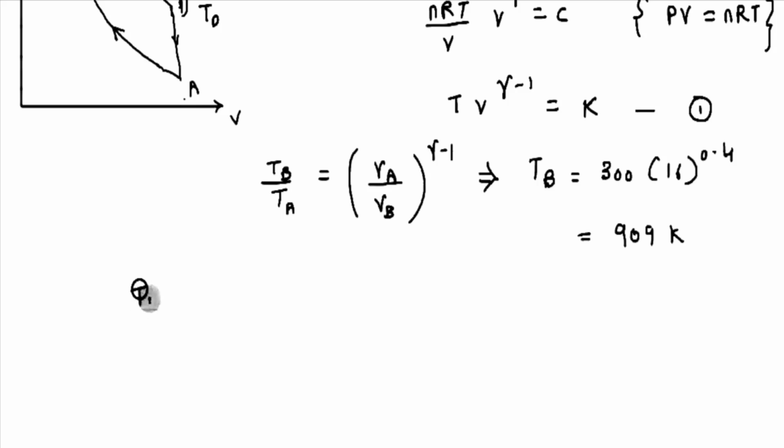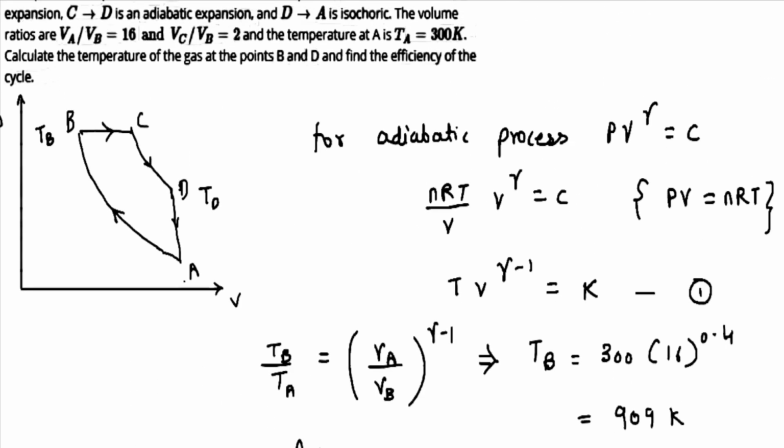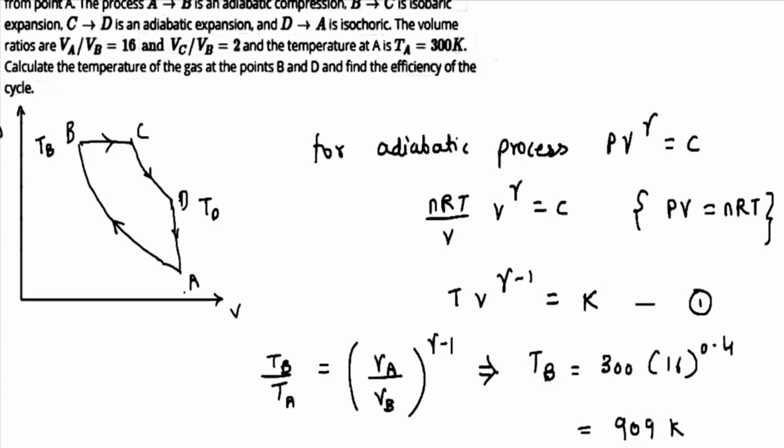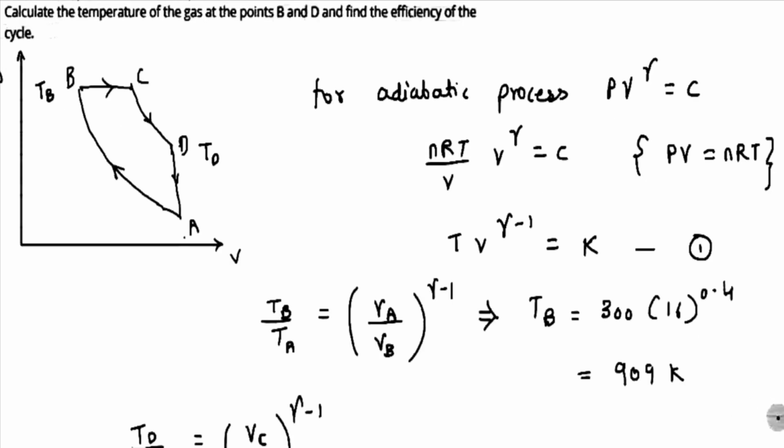We can write TD by TC as VC by VD, the whole raised to gamma minus 1. But before that we have to check whether we have been given VC by VD. No, so we first have to calculate the value of VD, then we can apply this equation.